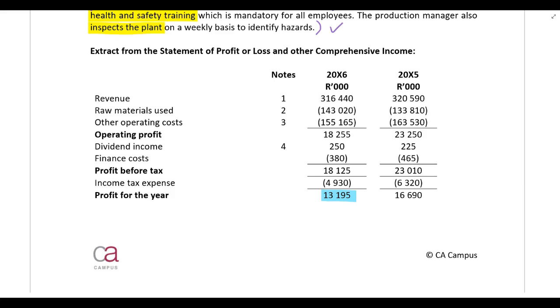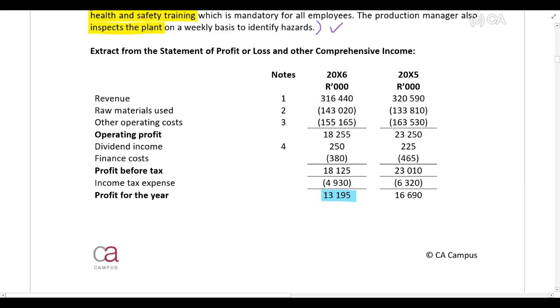So for operating cash flow to operating profit, we can't perform that calculation because we don't have cash flow from operating activities. We can't calculate the degree of operating leverage because in order to do that, we need to know what portion of the costs are fixed and what portion are variable. We don't have that information, so we can't calculate that. We also can't calculate earnings per share or headline earnings per share because we don't know the number of shares in issue. All right. So our calculations are limited to the calculations that I discussed with you now.